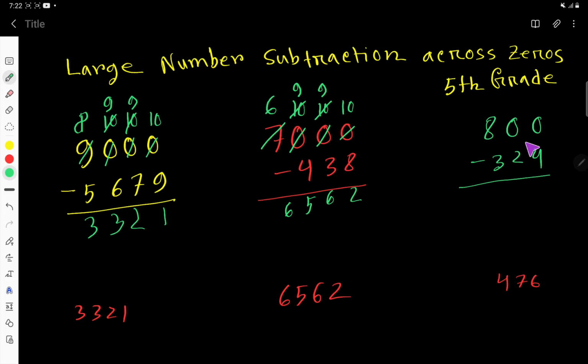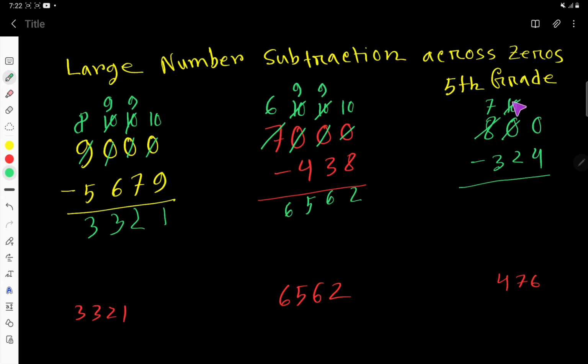Now consider this example. So here we are getting 0. So borrow from here. 8 becomes 7. And this is the hundreds column. So take 100, and 100 in the tens column becomes 10 tens.